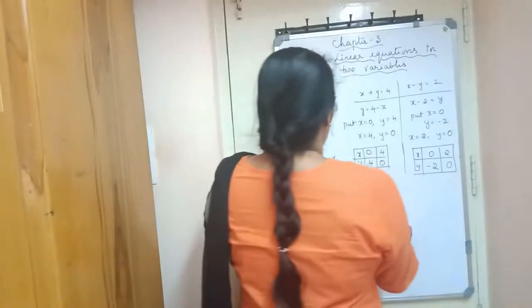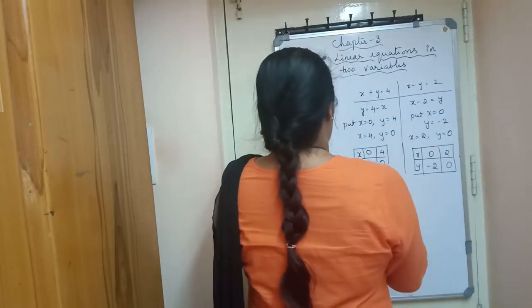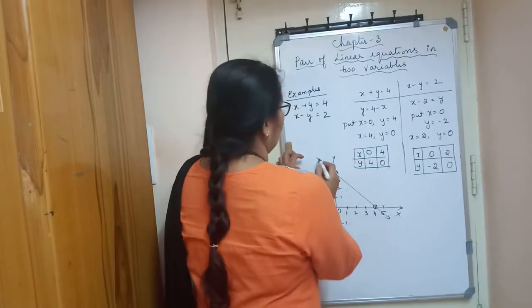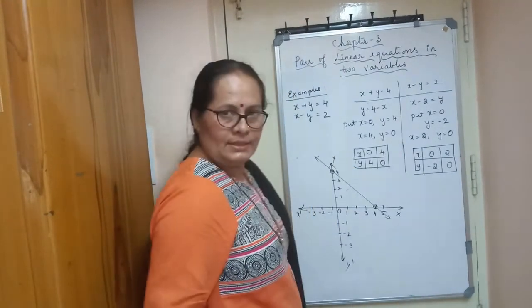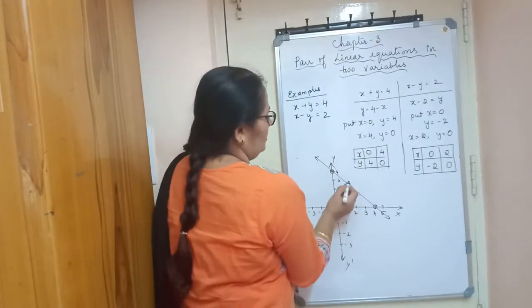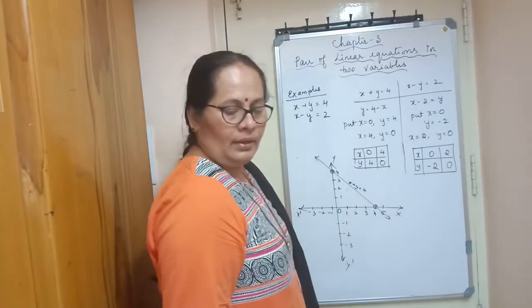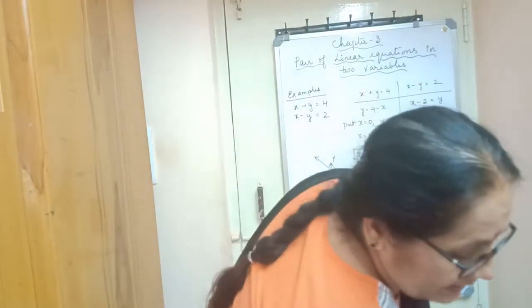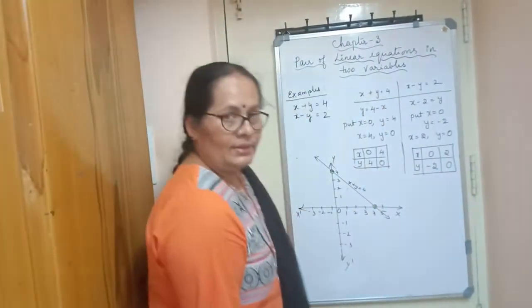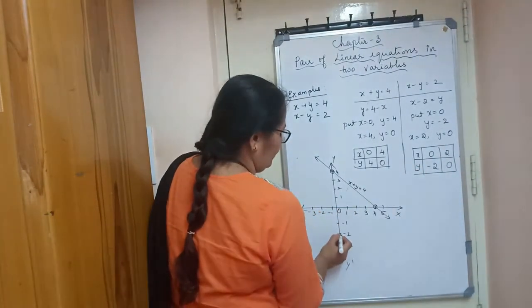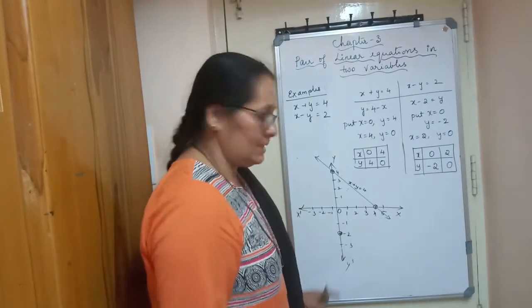Now join these 2 points. So this is the graph for the first equation, x plus y equals 4. Now draw the graph for the second equation. In the second equation, when x is 0, y is minus 2, here on the y-axis.